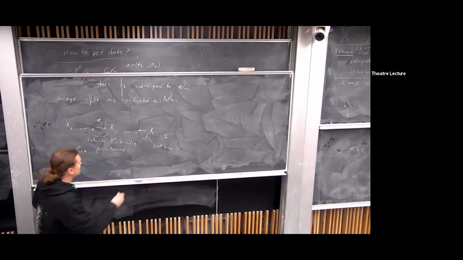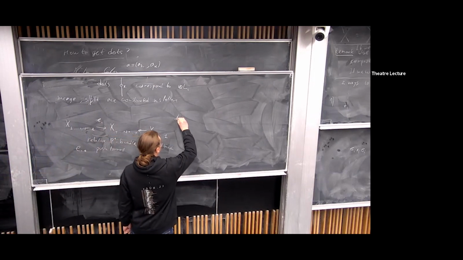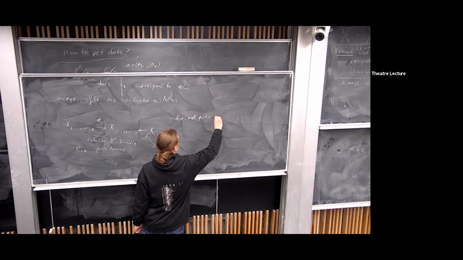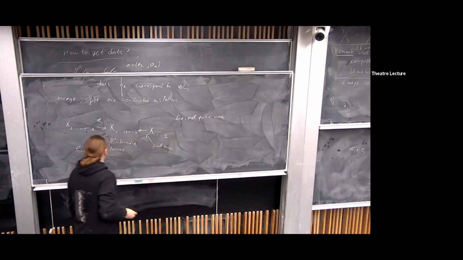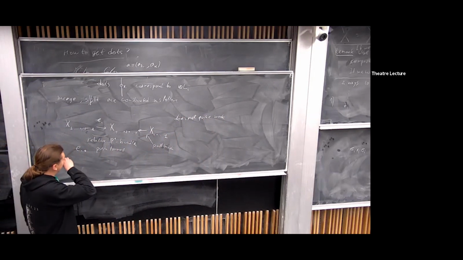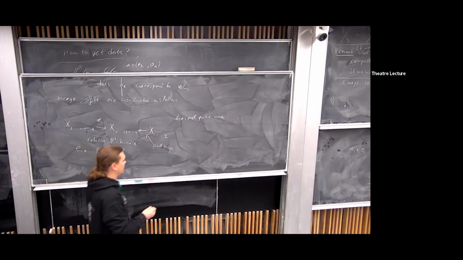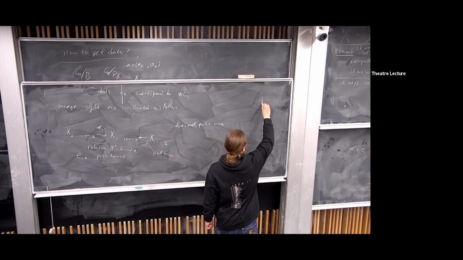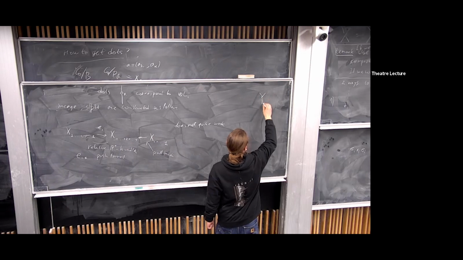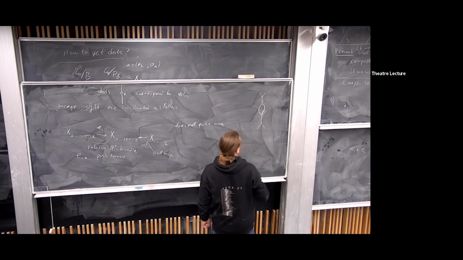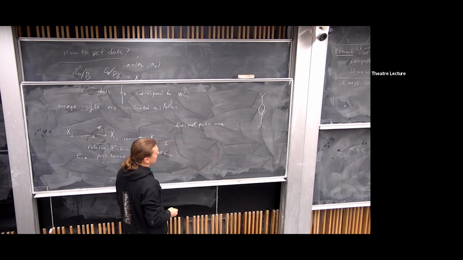But this does not quite work, because things don't match the way we are expecting them to. Suppose we do this picture. First we do merge, then split, and then merge again, and then split.